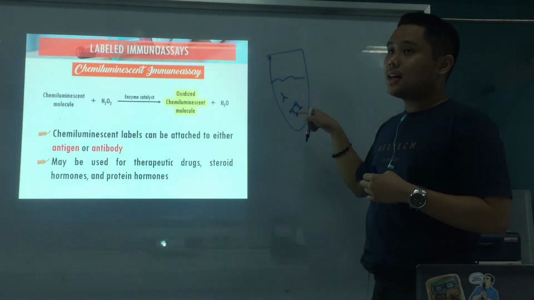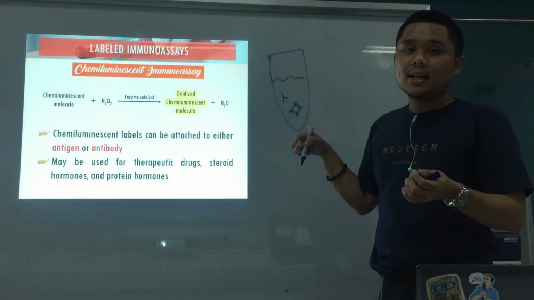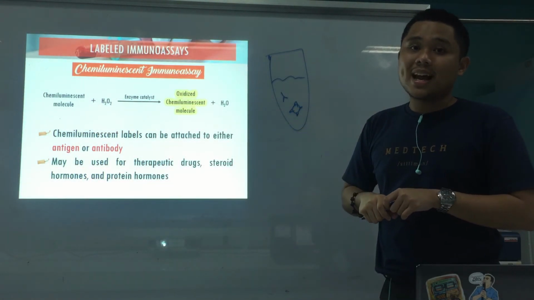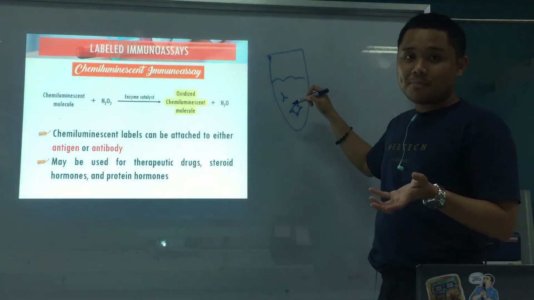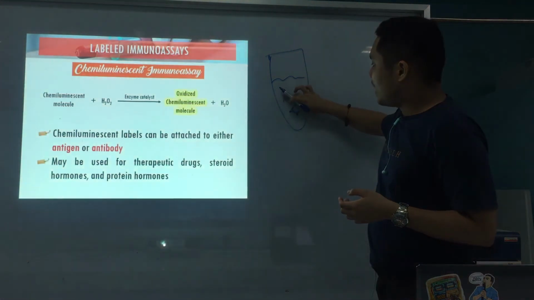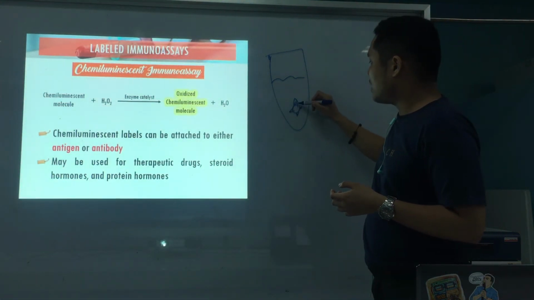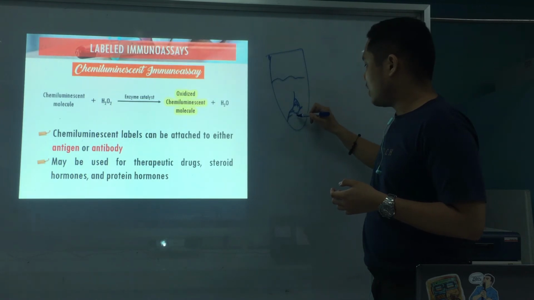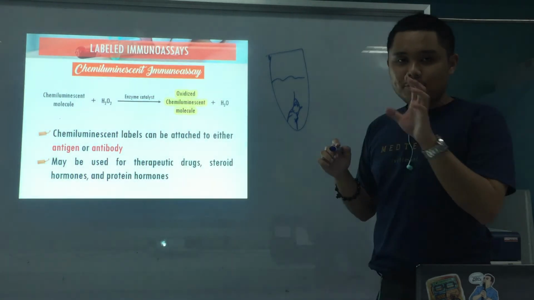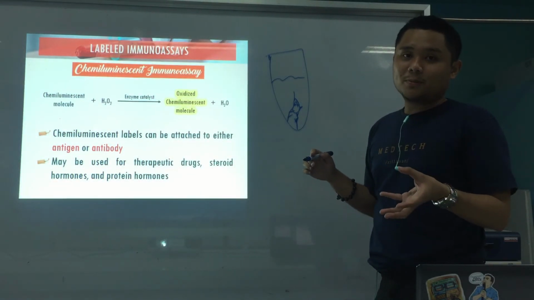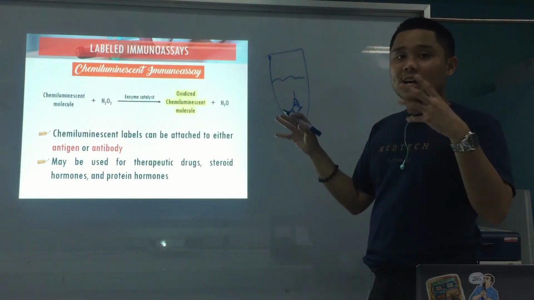You're detecting the patient's antigen. So this is the patient's antigen in your sample, and this is the reagent antibody. Of course they react together initially. Then after a while, washing happens, so you remove the unbound antibodies.